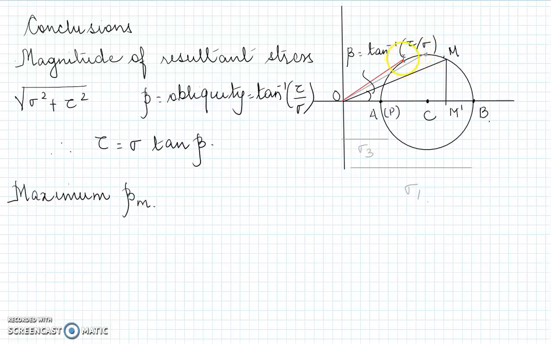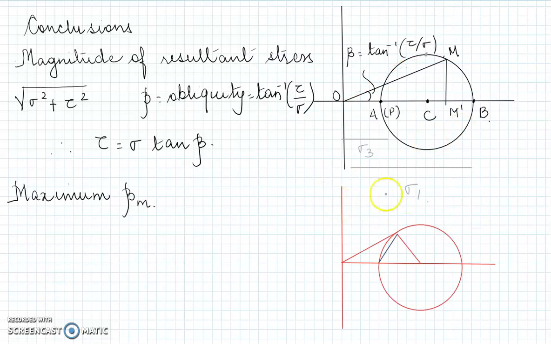And at this point, where red line is drawn, tau is not maximum, but the obliquity is maximum. Can you see that? So, erase all these things that I've done. If I have to find the maximum value of obliquity, it will be at a point which is lower than the point of maximum shear.